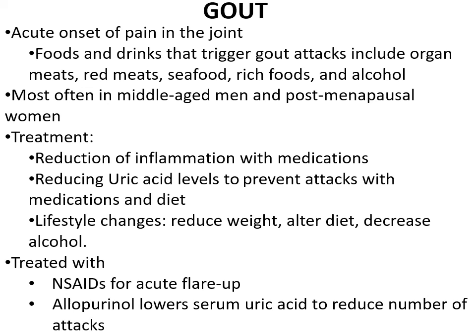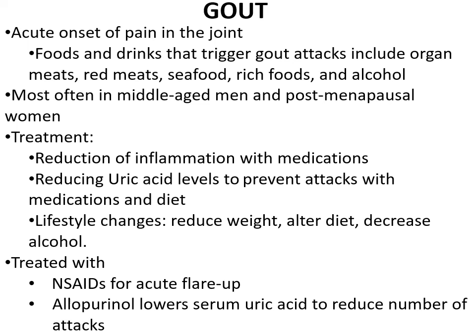Well, estrogen is a bit protective for minimizing uric acid levels in the bloodstream. So it's uncommon to see a young female with a gout attack. So it's usually men that get it more often than women until menopause.